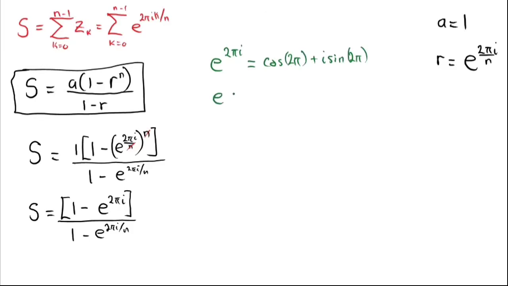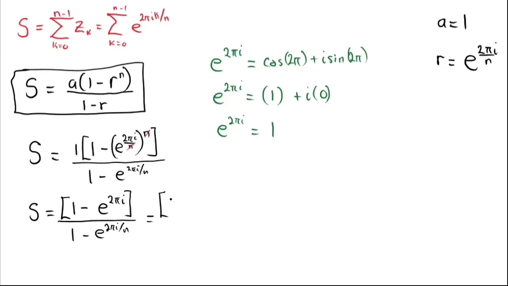Then this means that e to the power 2 pi i is equal to, now cos 2 pi is 1 plus i sin 2 pi is 0. So this means that e to the power 2 pi i is equal to 1 plus 0, which is just 1.